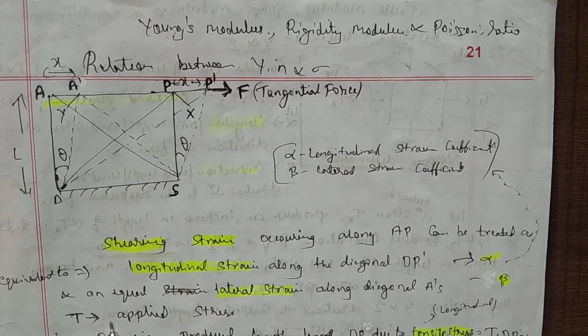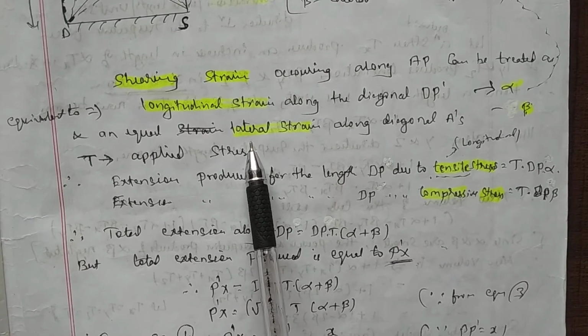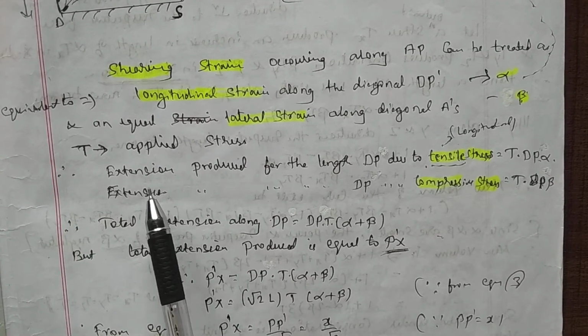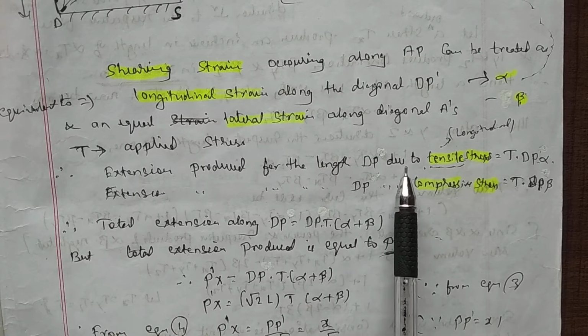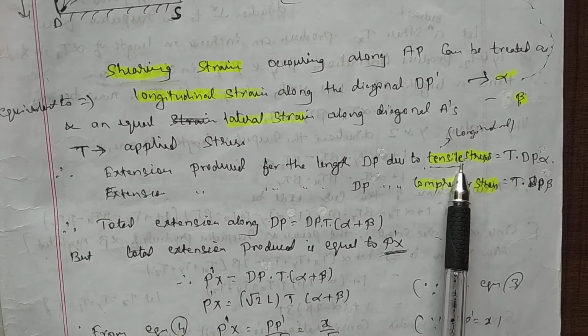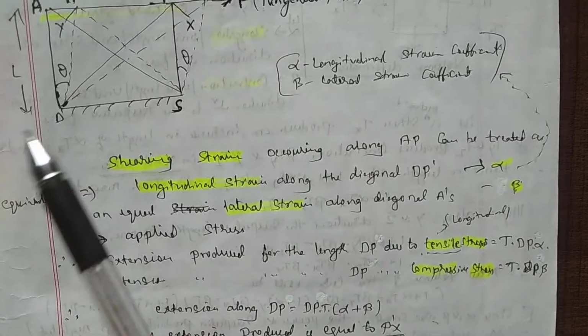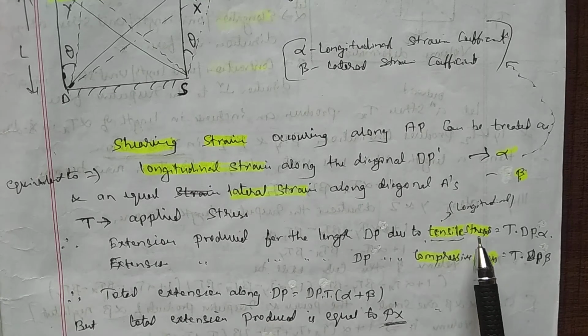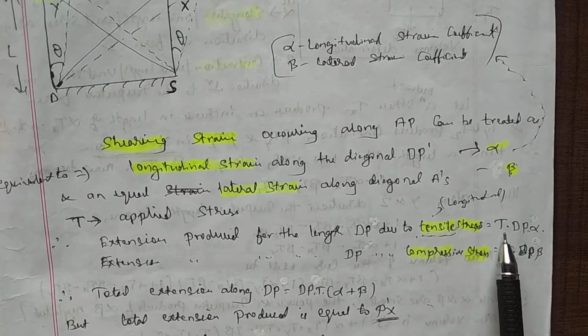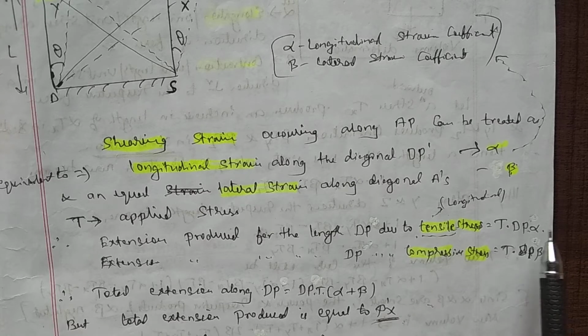Let T be the applied stress. Now the extension produced for the length DP along the diagonal DP due to the tensile stress is given by the applied stress T into DP into alpha, that is the longitudinal strain coefficient.